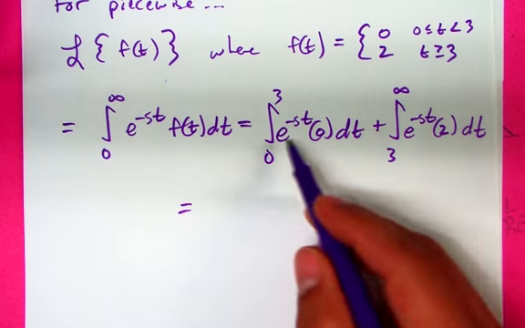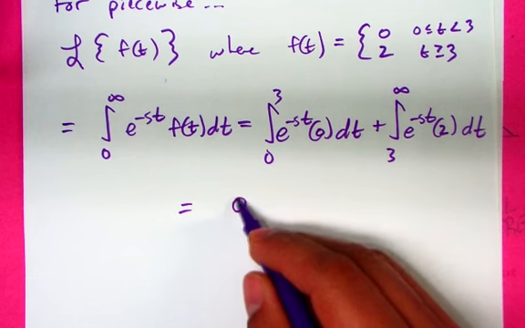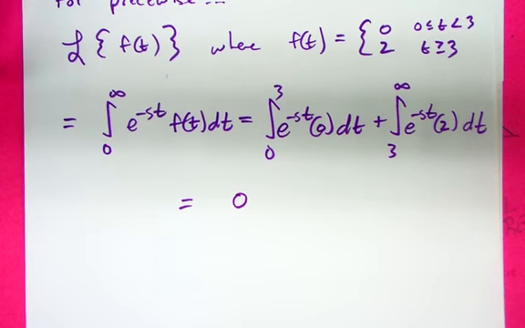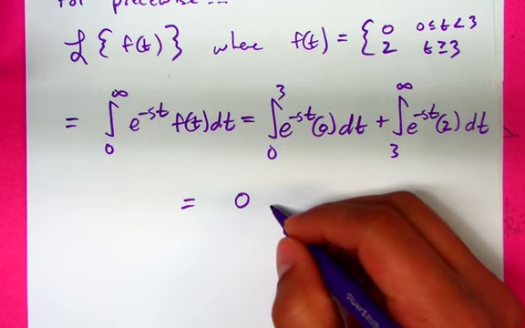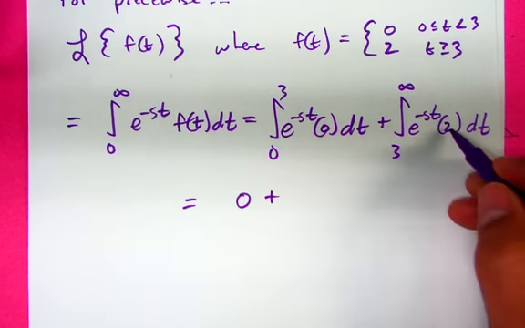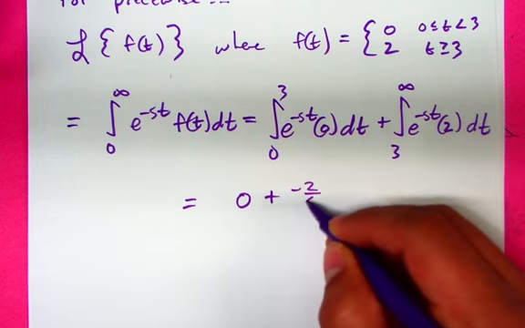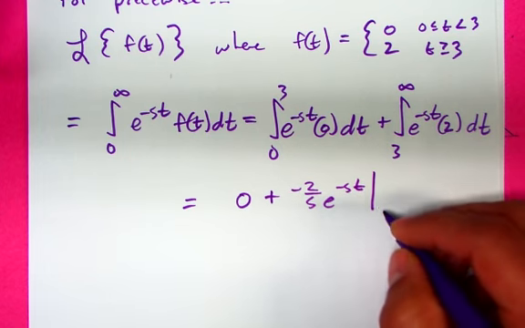Here we're going to get 0 plus, well, let's actually write it out. This will be negative 2 over s e to the minus st evaluated from 3 to infinity.